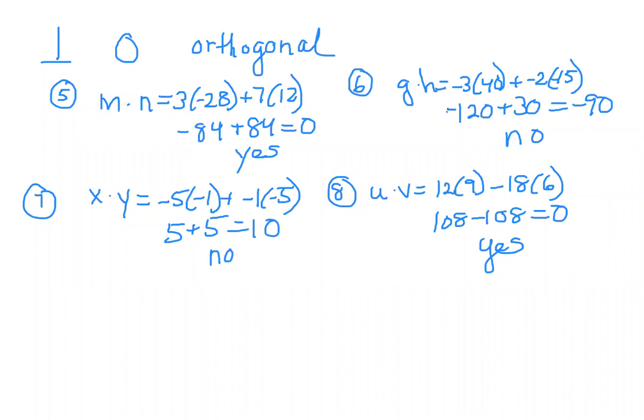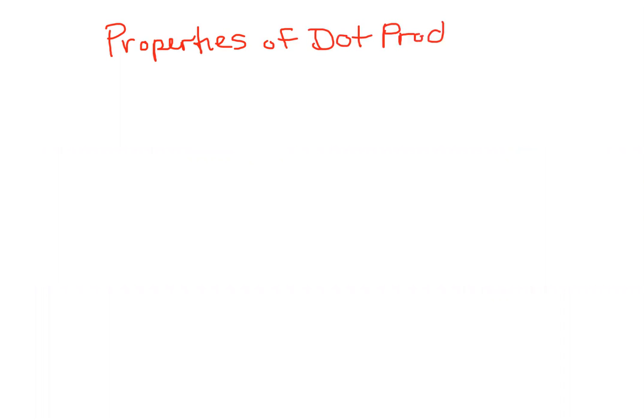Okay, here are some properties of dot products. V dot W equals W dot V. It doesn't matter which order you go, you're going to get the same thing.